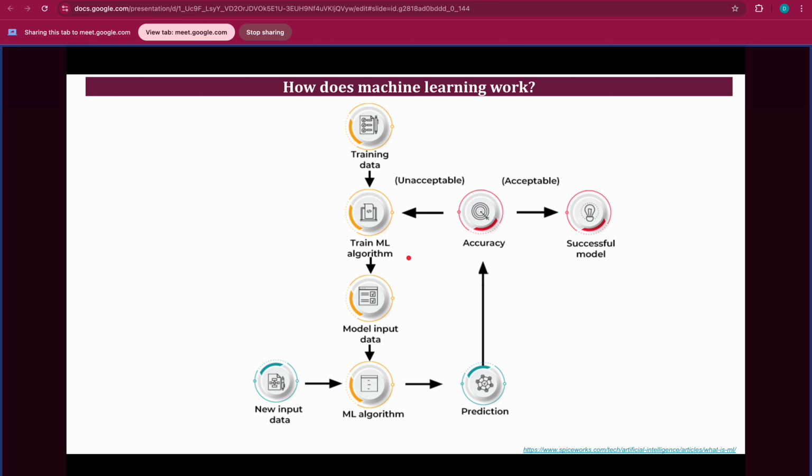What machine learning algorithms do is they study the data, they analyze the data, and they try to identify what the relationship is within that data. In that process machine learning algorithms are trained, and then they model the input data. On the basis of the data which we have, they try to design a model such that if any new information comes in, then it is able to identify that information. So they model the input data, and then the machine learning algorithm is devised.